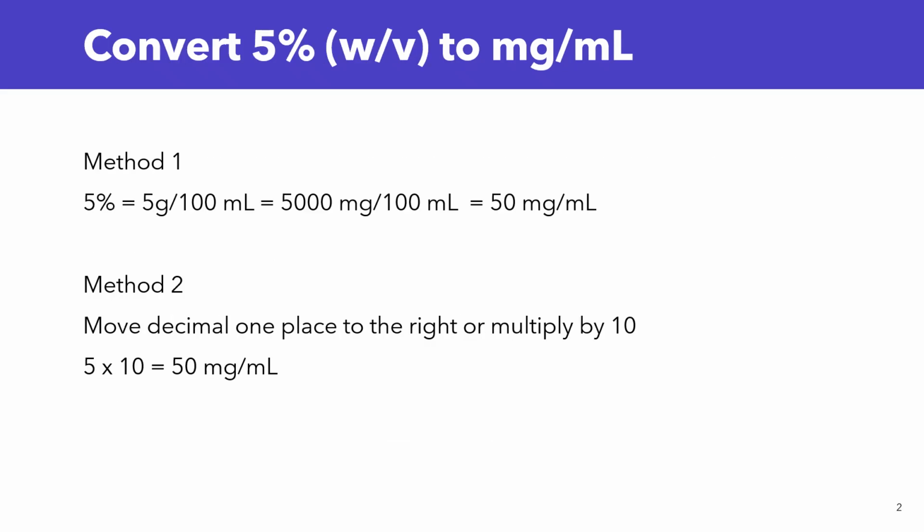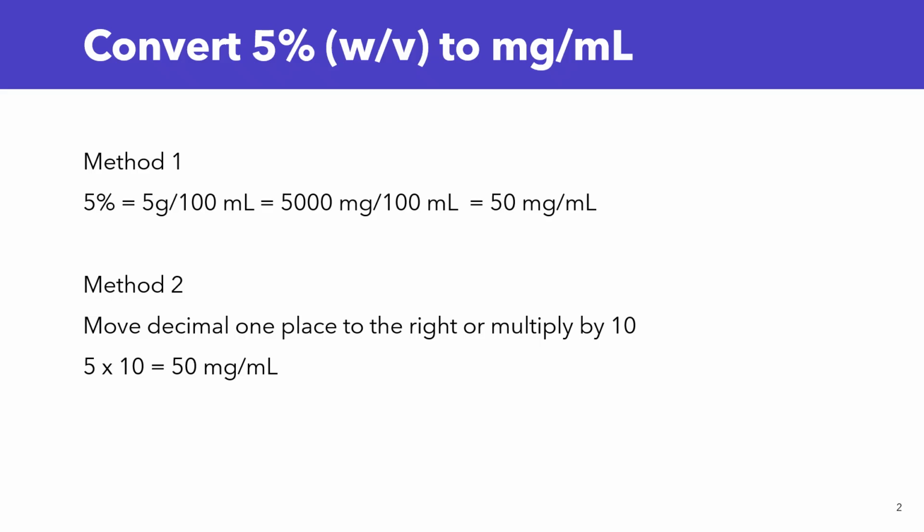Okay, let's look at the first example. Convert 5% to milligram per ml. First we'll do it the long way and then we'll see if we get the same answer as the shortcut. We know percent is gram over 100 ml, so 5% equals 5 grams over 100 ml. How do you convert 5 grams to milligrams?